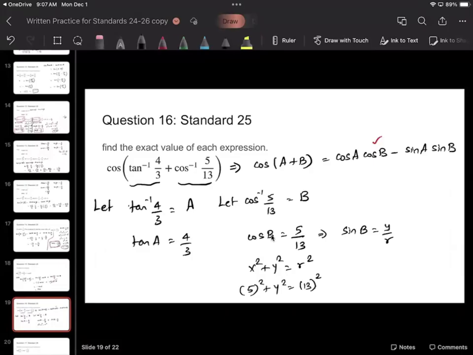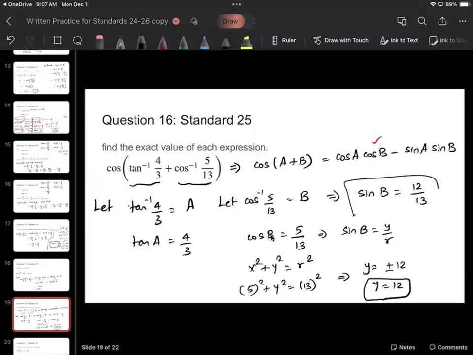If you solve for this, you will get y is either plus or minus 12. Now, if the value inside cosine inverse is positive, we know the angle is in the first quadrant, so we use y as just positive 12. Then sine B will be equal to 12 over 13.